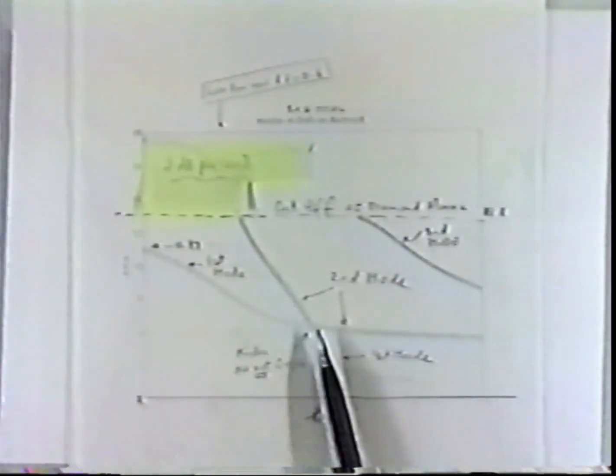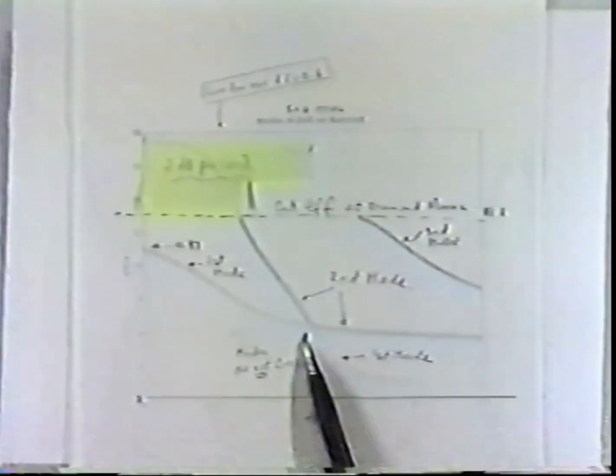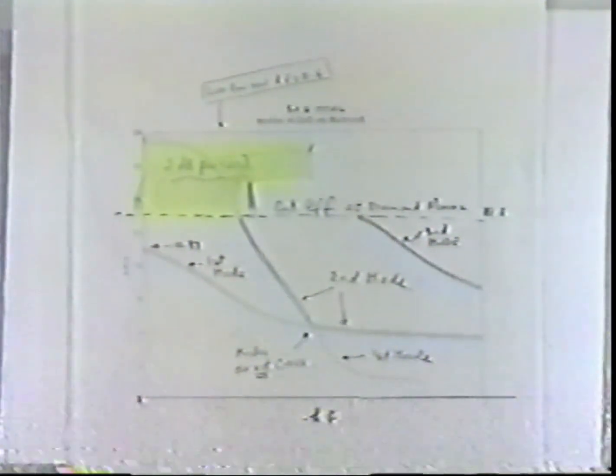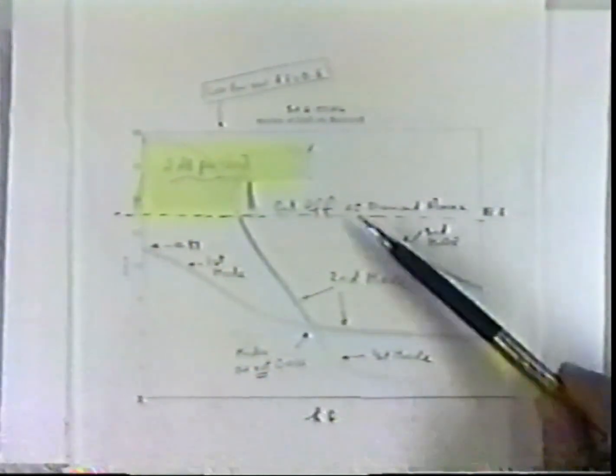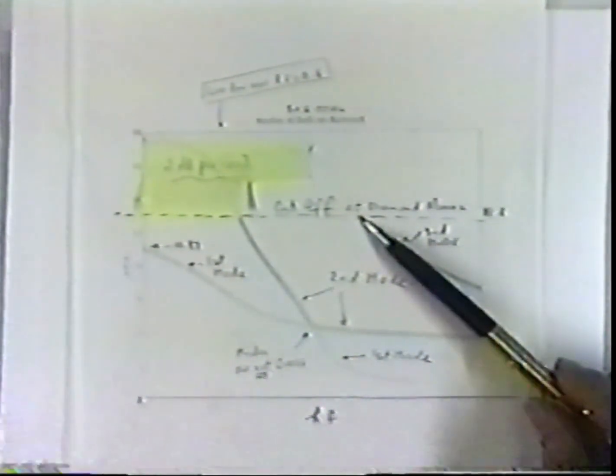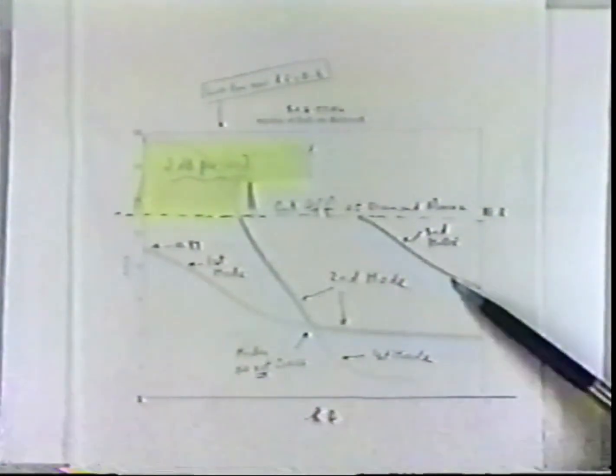I want to point out here that as far as I can determine, these first and second modes do not cross. There is a gap between those two curves, and that's a numerically determined thing. The third mode starts off at a somewhat higher cutoff frequency and goes down.